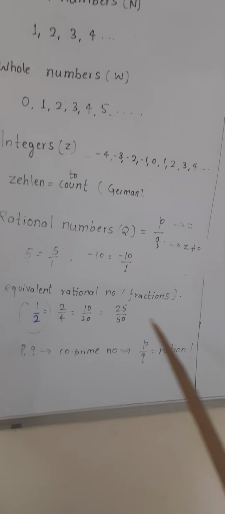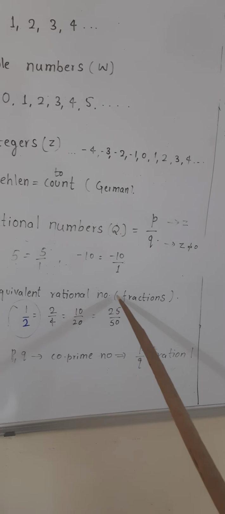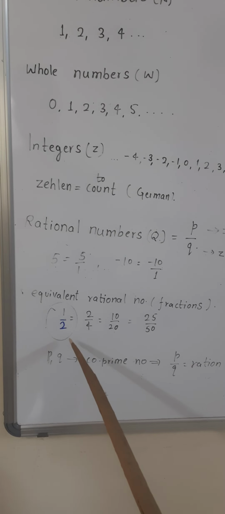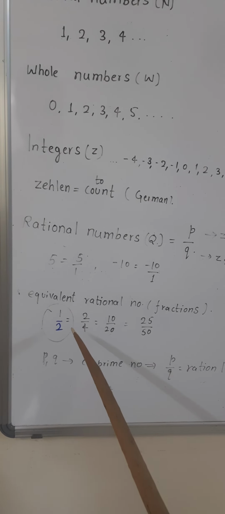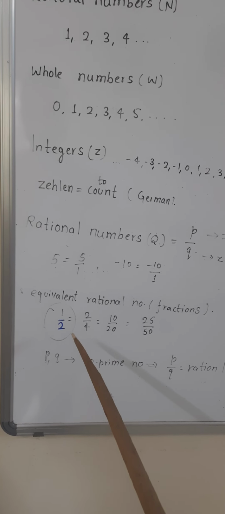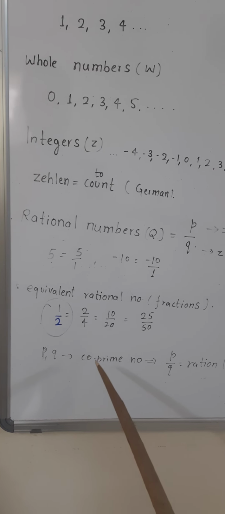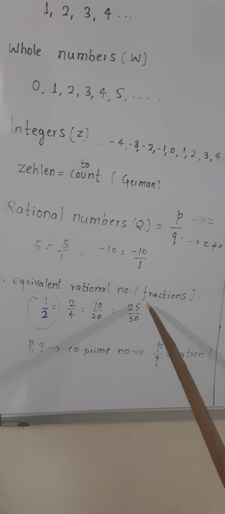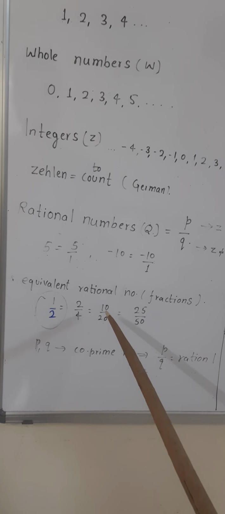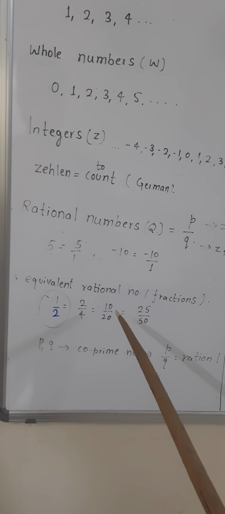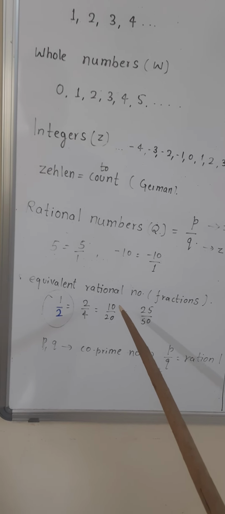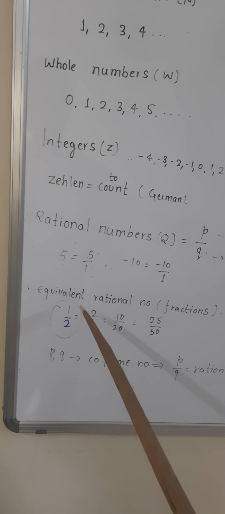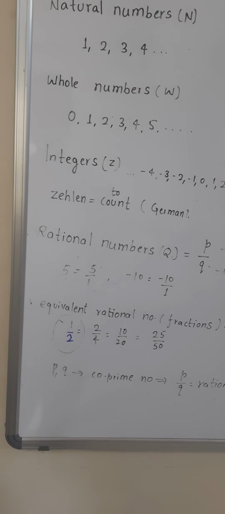But these are all equivalent rational numbers, and among these the smallest form is 1 by 2, where P and Q are co-prime numbers. Suppose this is 25 by 50. You can cancel it out by 25. This is 10 by 20. You can cancel by 5, 2, or 10. But in 1 by 2 you cannot cancel the numerator or denominator by any factor.